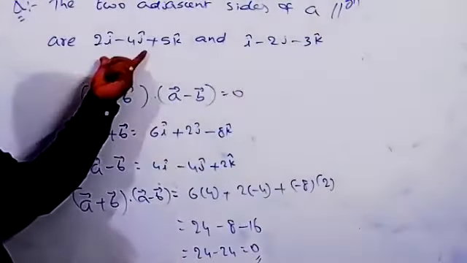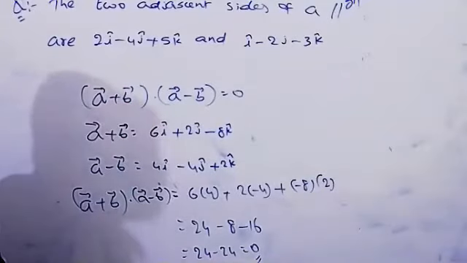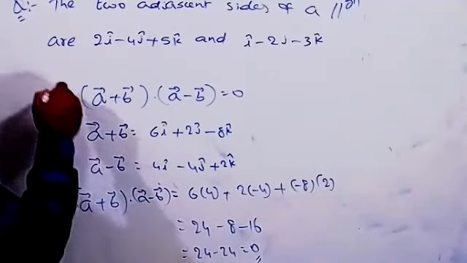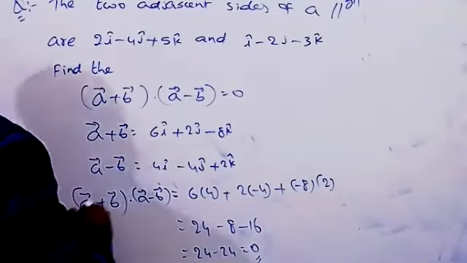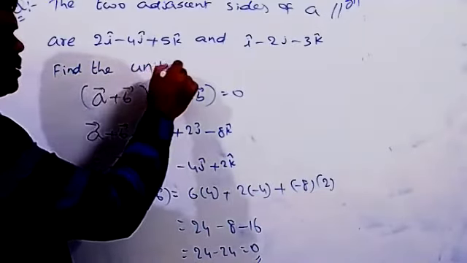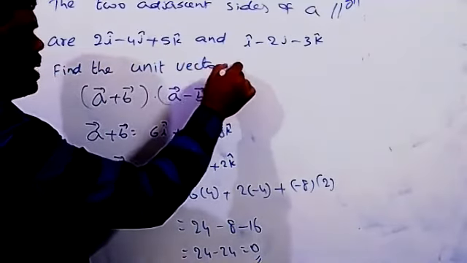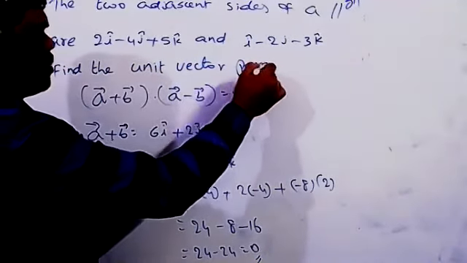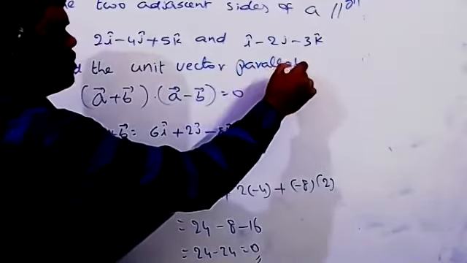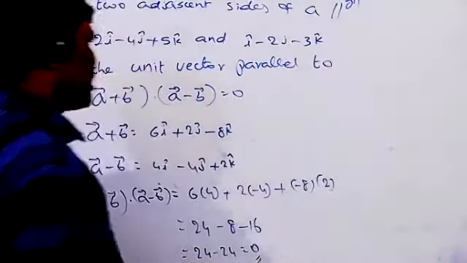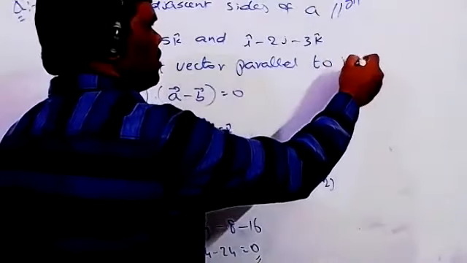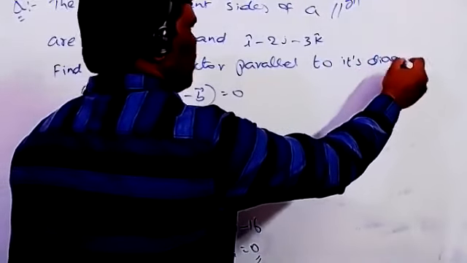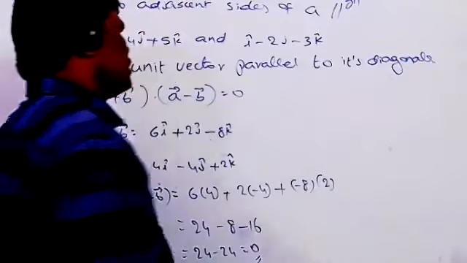These two are the two adjacent sides. Adjacent means side by side in the parallelogram. Next we need to find the unit vector parallel to its diagonals. This is the question.